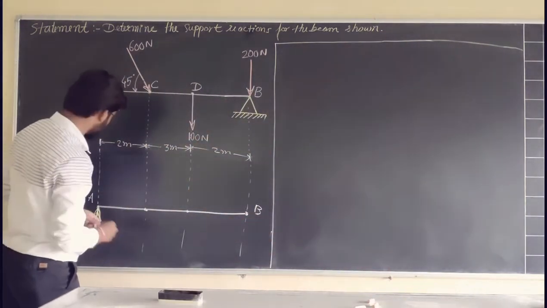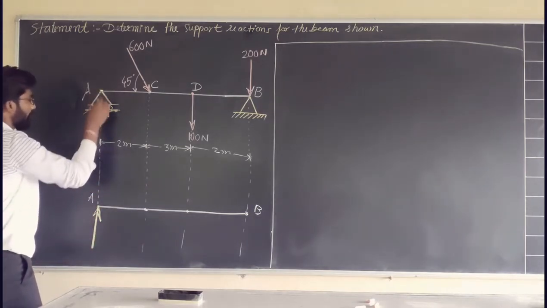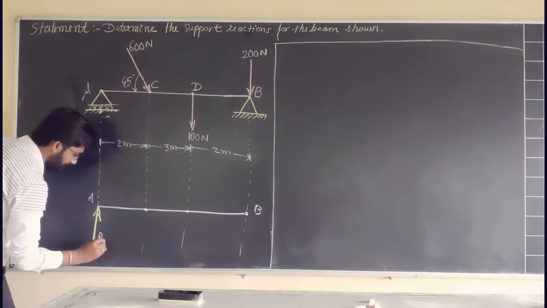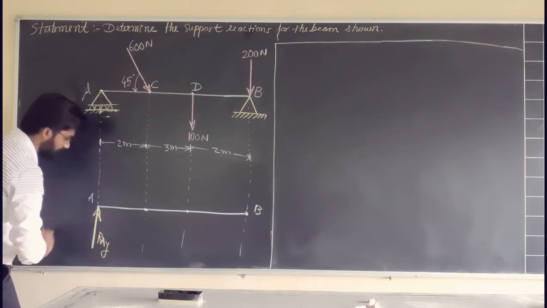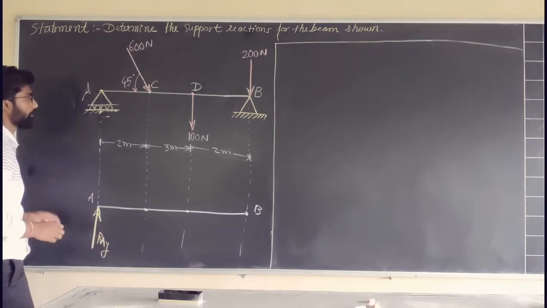Now this is the right orientation, acting at point A, and as it is acting vertically, we will call it R, reaction at A in Y direction. You can even call it RA because there is no X direction reaction at this point.